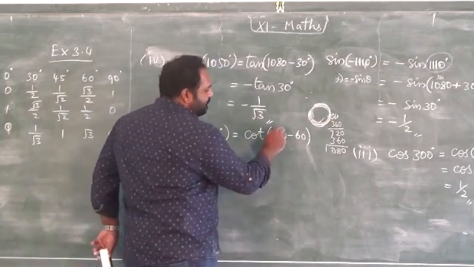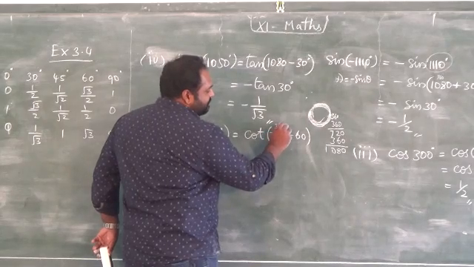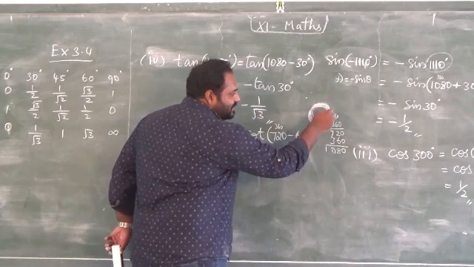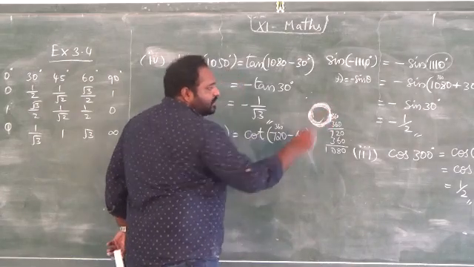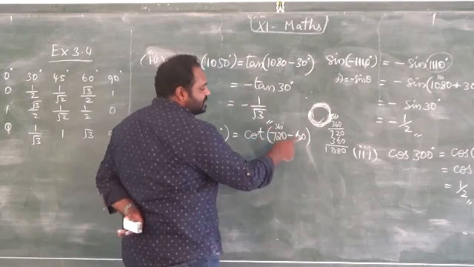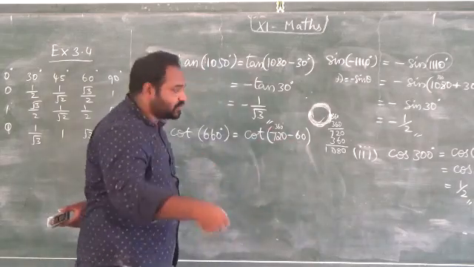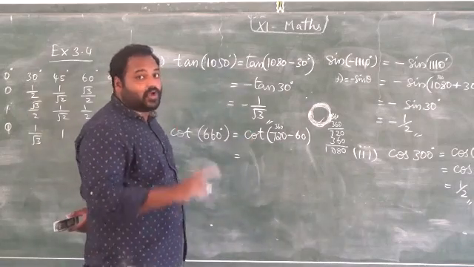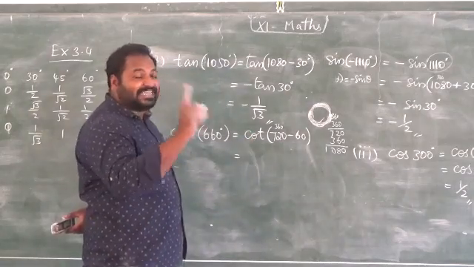720 will be like 360 because it is 2 times complete rotation. Again, 720 is also the 360 degree angle. Now 360 minus is also in the fourth quadrant. In the fourth quadrant, cot is negative; only cos and secant alone are positive.